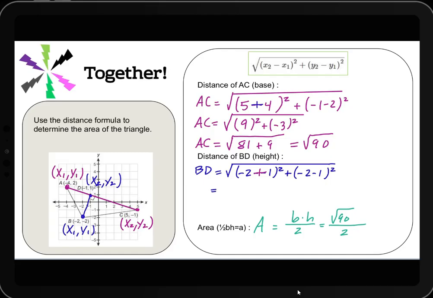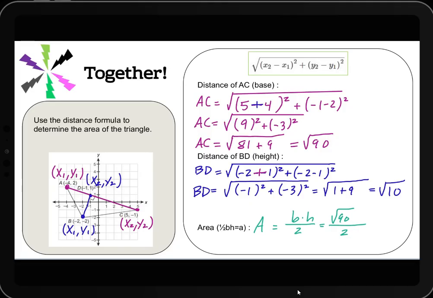So that means I get the square root of negative 2 plus 1, which is negative 1 quantity squared, and then here we get negative 3 quantity squared. So that's going to equal the square root of 1 plus 9, which is equal to the square root of 10. So BD's length is the square root of 10.